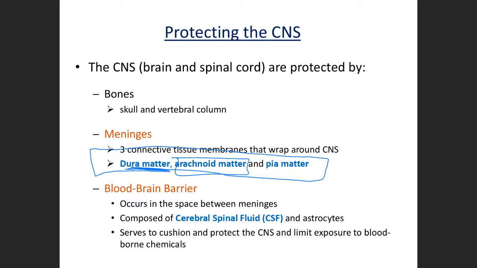And in between the arachnoid mater and the pia mater, you're going to have your cerebrospinal fluid flowing through. Your pia mater is the innermost protective wrapping. It's actually directly touching and covering the brain. So it almost looks like a very thin layer of cellophane on top of the brain and on top of the spinal cord.